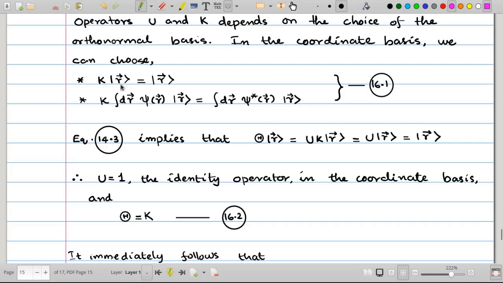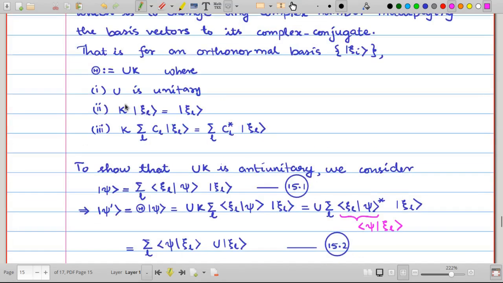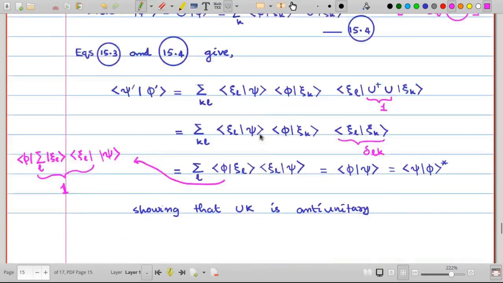Now k acting on a linear combination of the position eigenkets, given by integral dr, then the coefficients psi r, then the kets r, will simply change the coefficients to their complex conjugates, similar to what we have here in condition 3. K acting on a linear combination changes the coefficients to their complex conjugates and leaves the basis vectors unchanged.